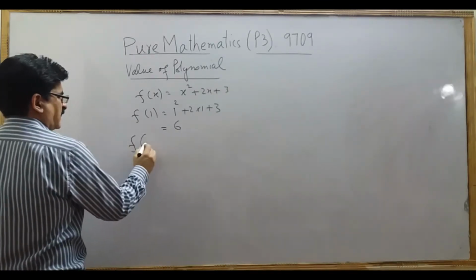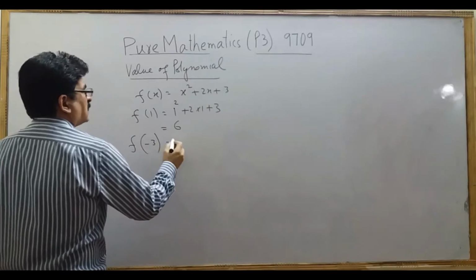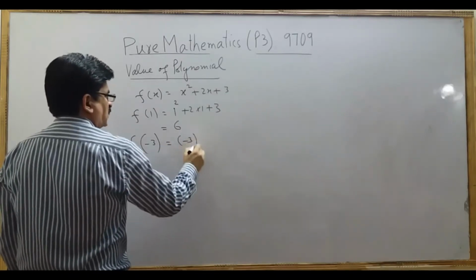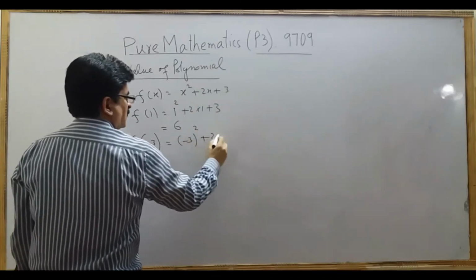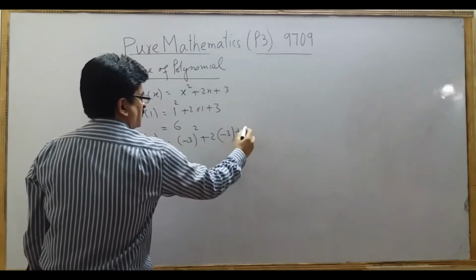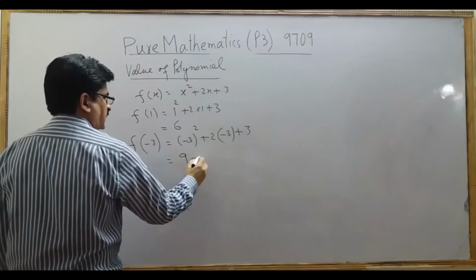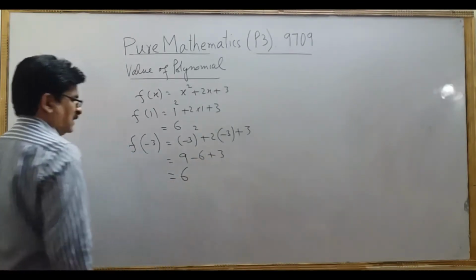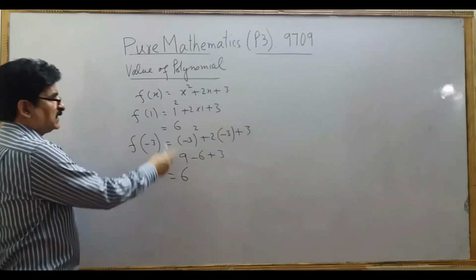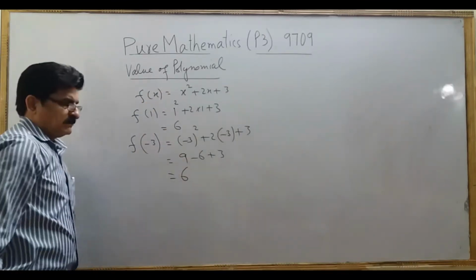Similarly, if you have f of minus 3, you put the value of x into this polynomial and we get the value. So it is 9 minus 6 plus 3. It is equal to 6. We say that this 6 is the value of this polynomial at minus 3.